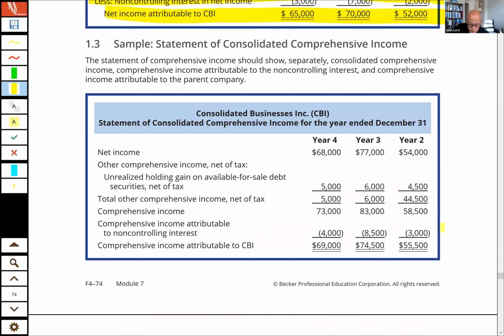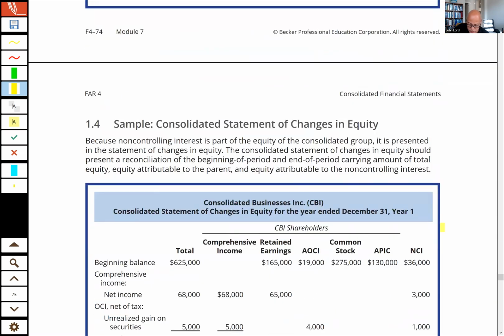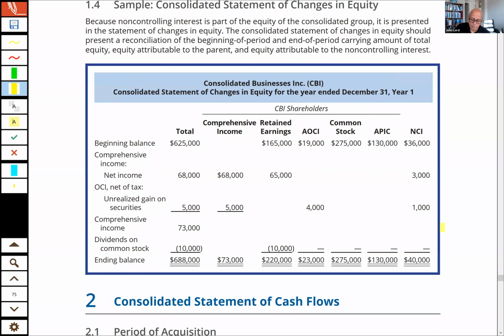Now, when you come down and look at the sample statement of retained earnings, notice that in this example only the dividend that was paid by the parent is showing. The subsidiary's dividend, you don't report the portion of dividend from the subsidiary that goes to the parent. It's what the parent pays out as a dividend that is shown there.